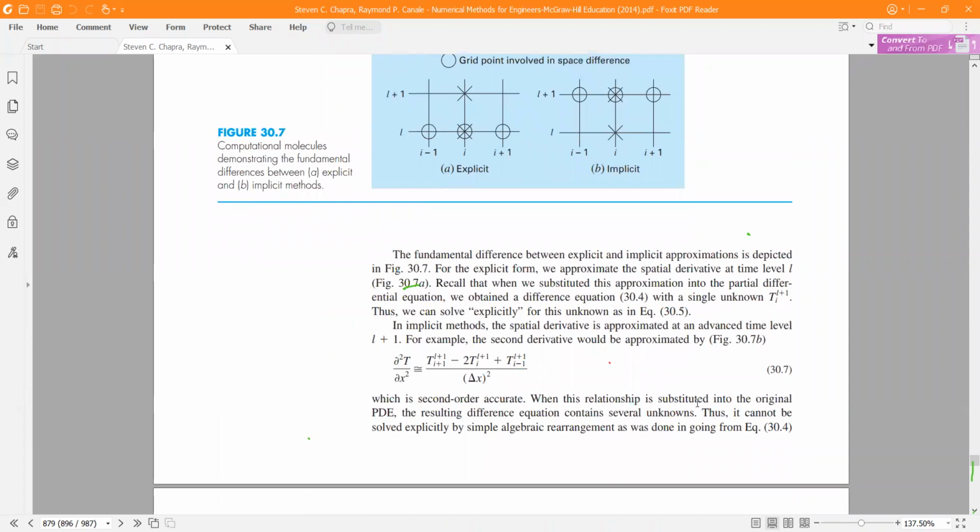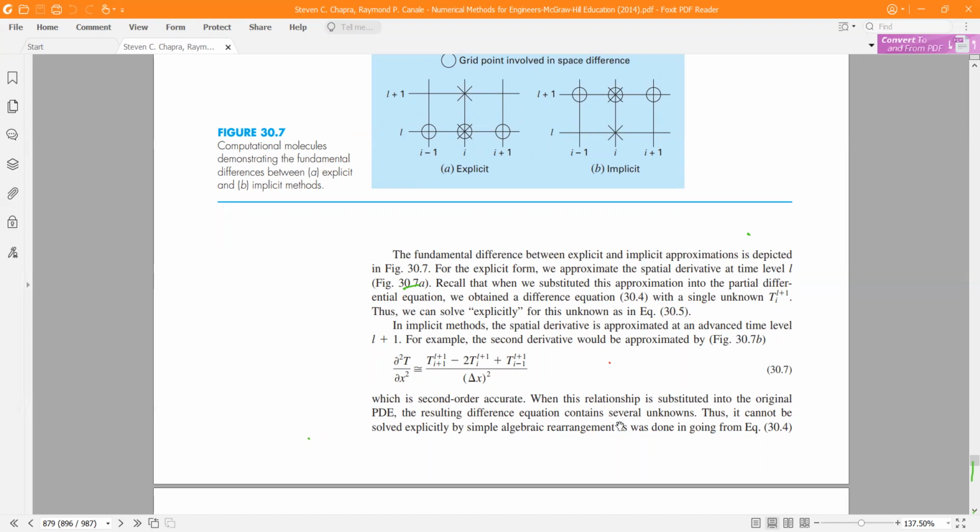This can be understood by using equation 30.7. You see, this second derivative previously was estimated at time step L. Now it is estimated at time step L plus 1. If it is time step L plus 1, we do not know yet the value of this temperature at time L plus 1.